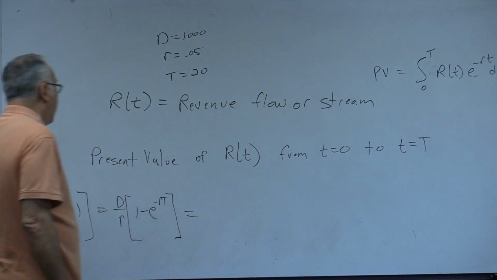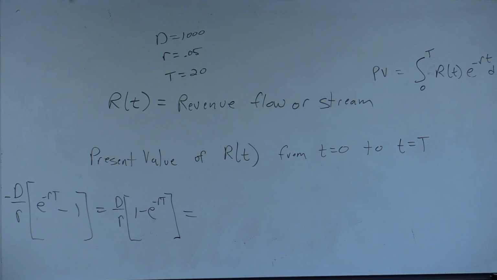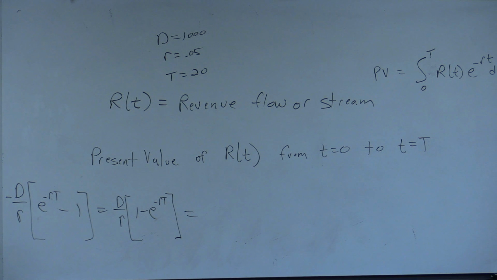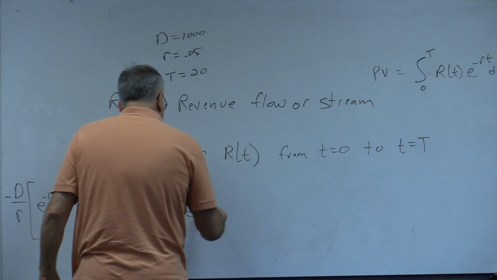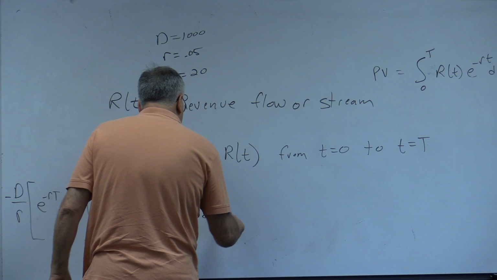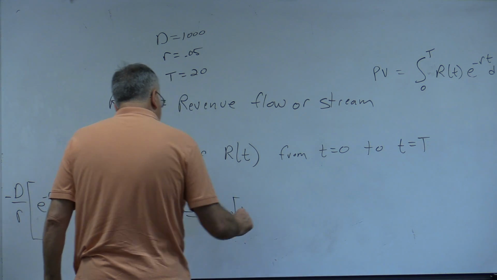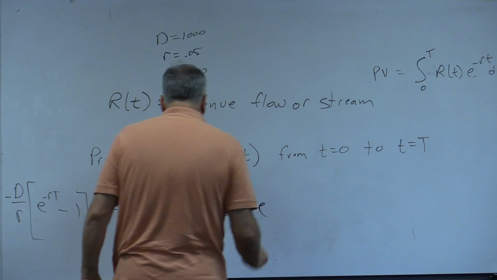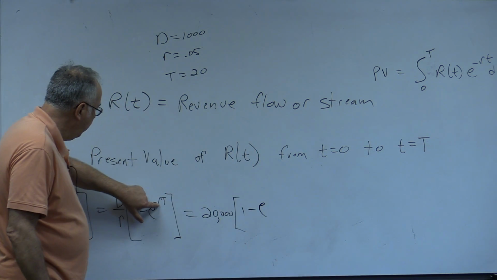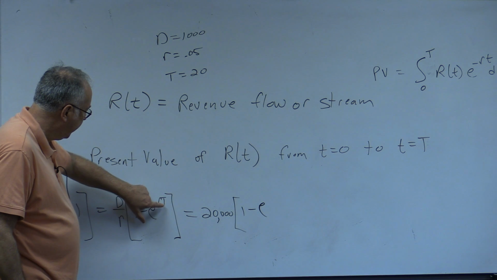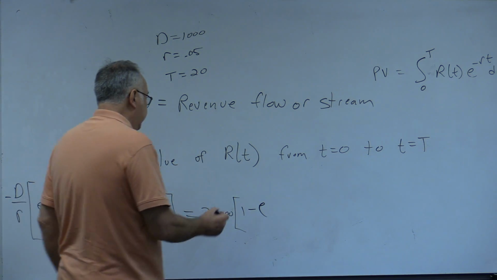Well, D over R will be 1,000 over 0.05. That would be what, 20,000? That's what D over R is. Times 1 minus e to the minus 0.05 times 20, which is minus 1.